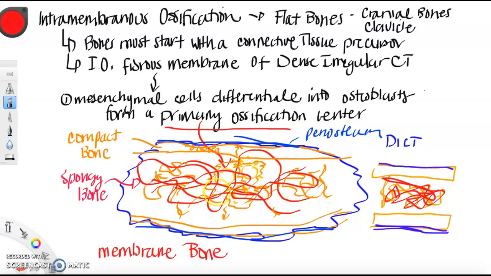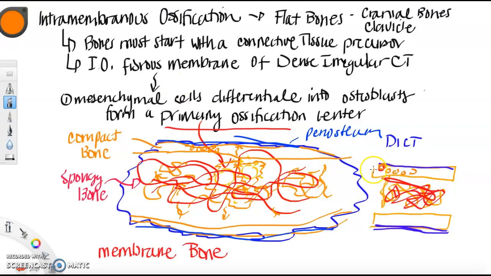So it starts secreting all this spongy bone tissue around this blood. And then as we get to the periphery, it starts to consolidate, get squished up there, and we get compact bone on the edges. Okay, so these little plates of compact bone.